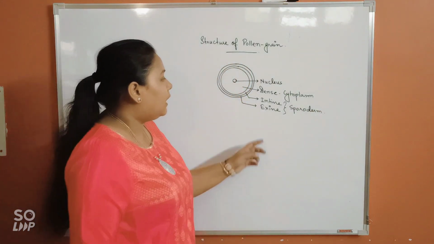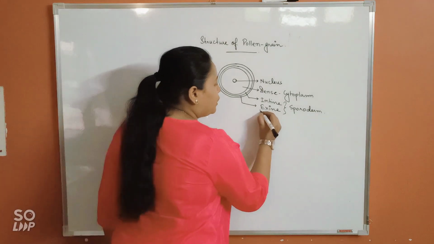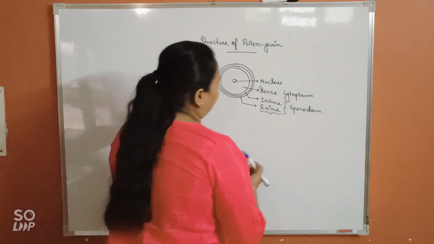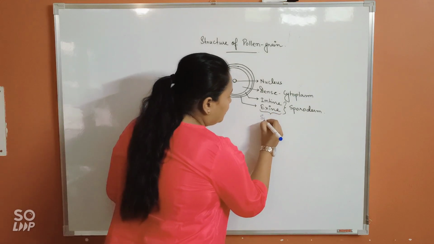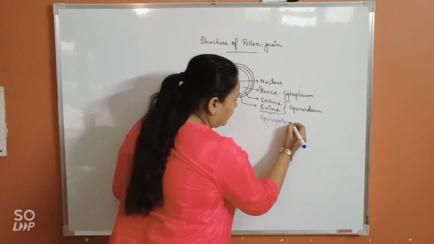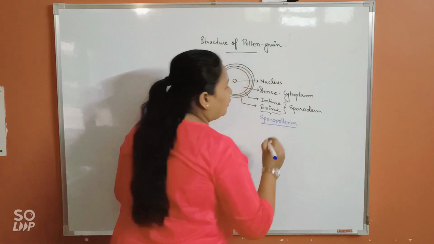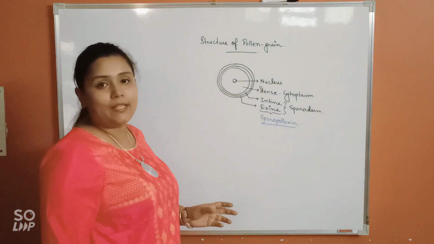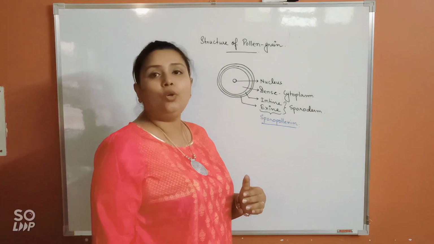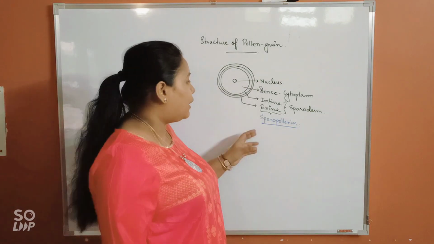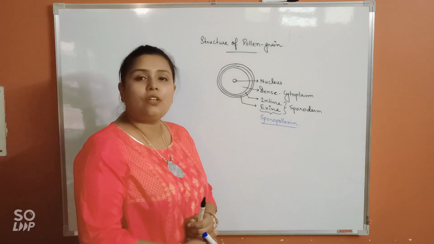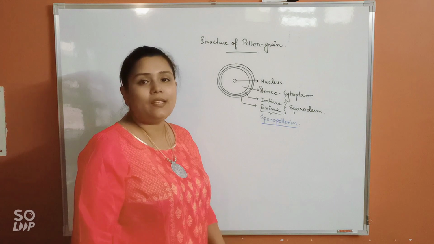Now, see, the exine is going to be made up of sporopollenin, which is a highly resistant fatty substance, and it is so resistant that no known enzyme can hydrolyze or break it down. Okay, it is highly resistant to temperature, acid as well as alkali.